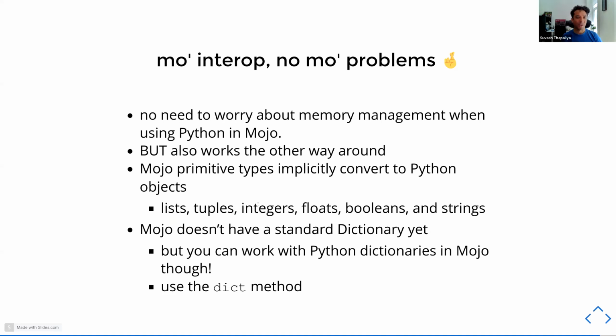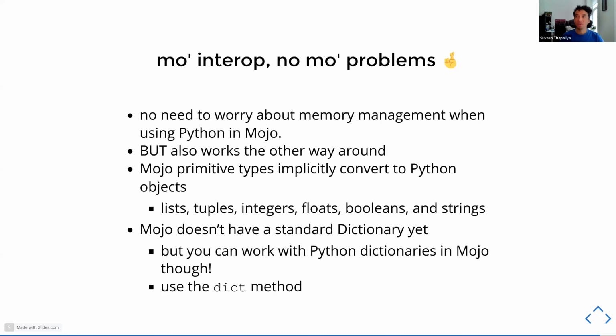We can look into the manual for how. Mojo, for example, does not have a dictionary. So if you need a dictionary in Mojo, you use the Python dictionary. You just use the dict method, and this actually calls Python dictionary. Wouldn't you just use a struct there? Sorry, a dictionary is really a key value store, right?